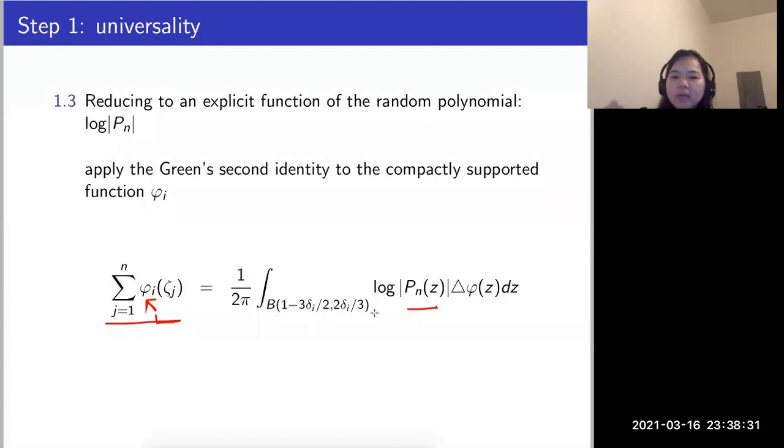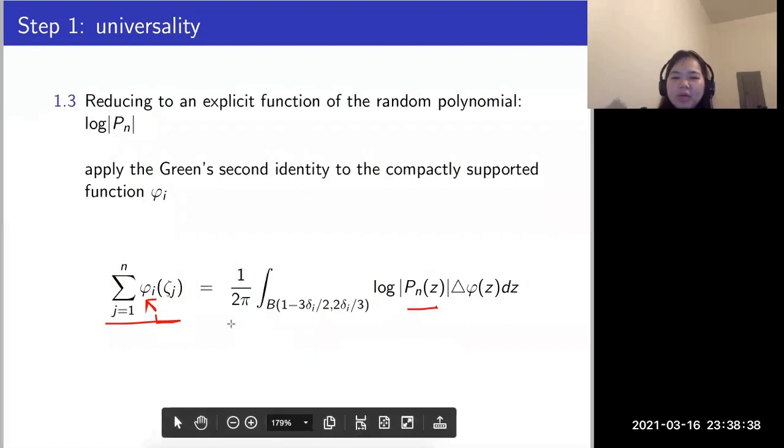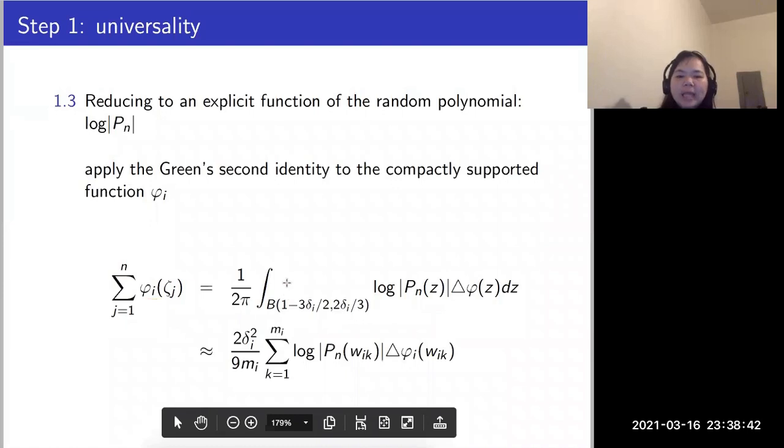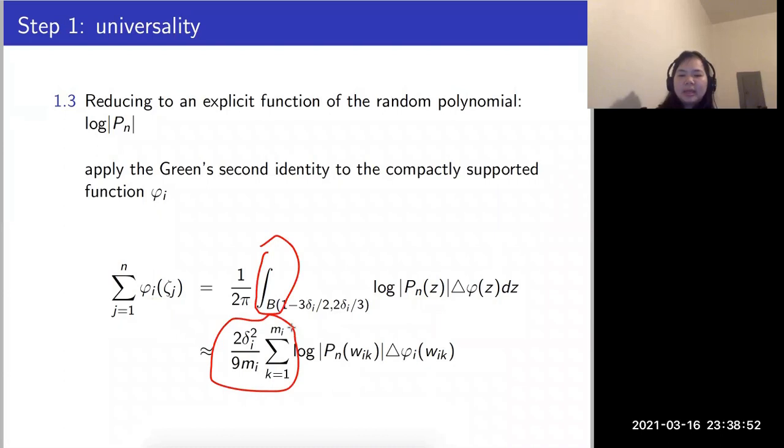Right, so this is more or less our starting point for the universality. And so what we want to show is that something like this is universal. As here is an integral, a natural step is to approximate it by just a Riemann sum.